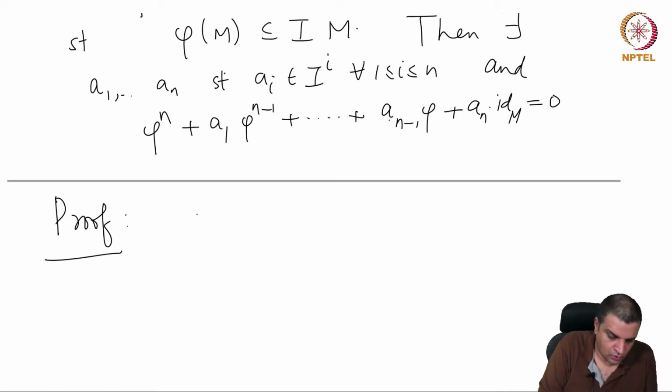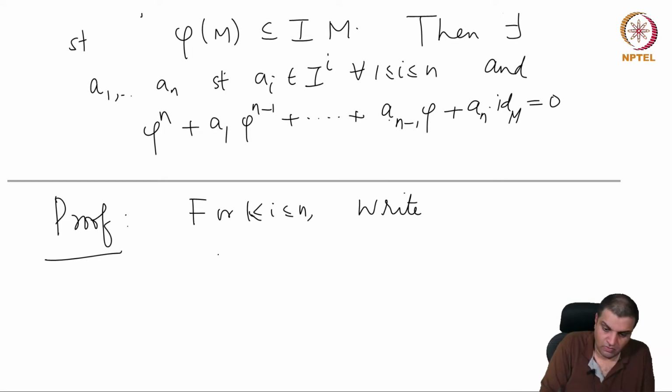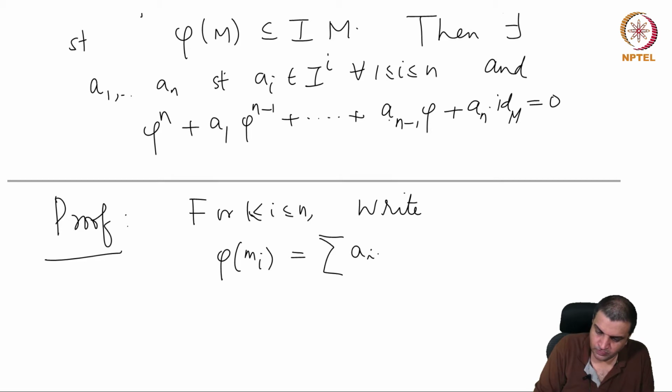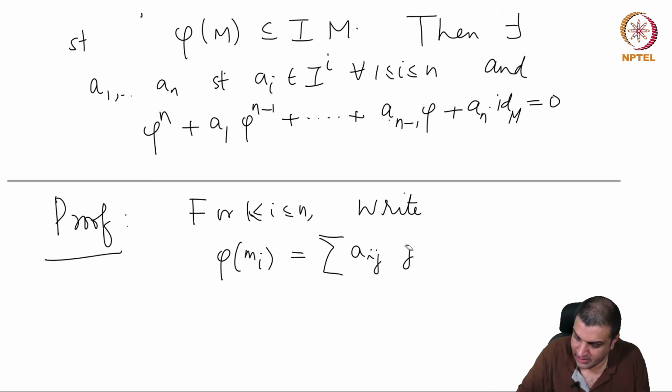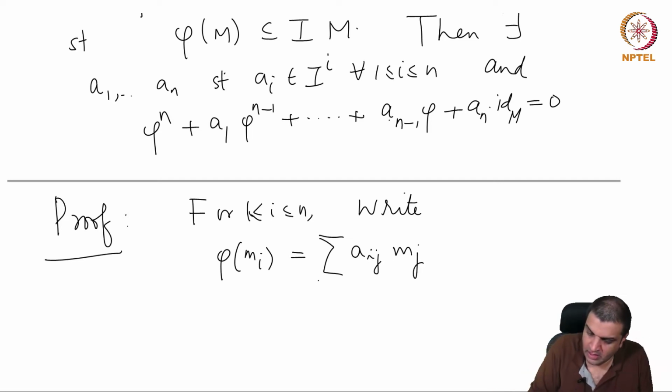So for 1 less than or equal to i less than or equal to n, write phi of mi, so that's inside here, as the sum of aij mj, where j goes from 1 to n.